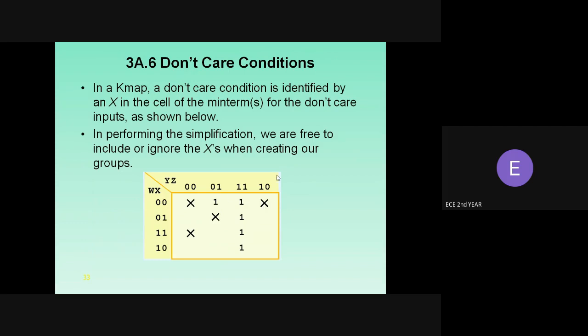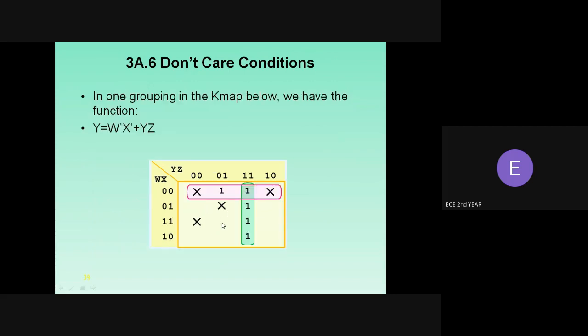So these don't care conditions are also helpful in reducing the Boolean expressions. While grouping the maximum number of ones, we can consider these don't care conditions also. Here you see only two ones are present, and in addition to those two ones, we can add these two don't care conditions also. So this is one grouping, and this is another grouping.